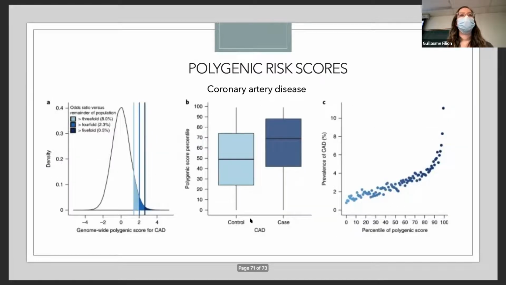Question? Yeah, what's the difference between risk and association? Okay, so what's the difference between risk and association? The association is coming from the GWAS. This is just testing the significance. If we get a significant p-value, then it is associated. The risk comes from collecting all of those associations to get an overall risk.